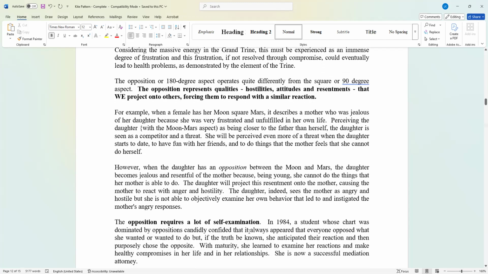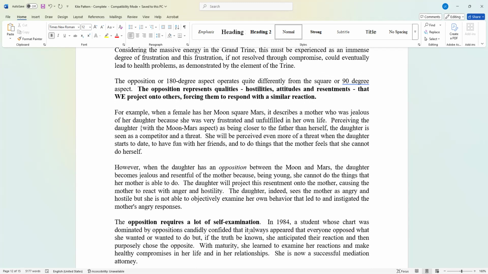However, when the daughter has an opposition from the Moon to Mars, the daughter becomes jealous or resentful of the mother, because being young, she can't do the things that mother's able to do. She kind of projects that resentment onto the mother, causing the mother to react with anger and hostility.